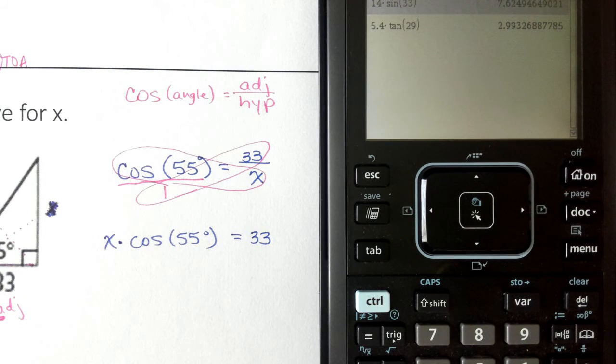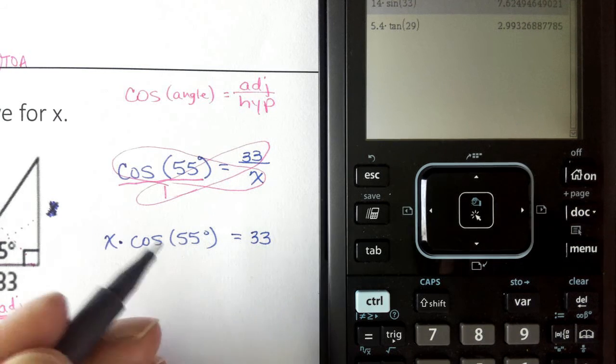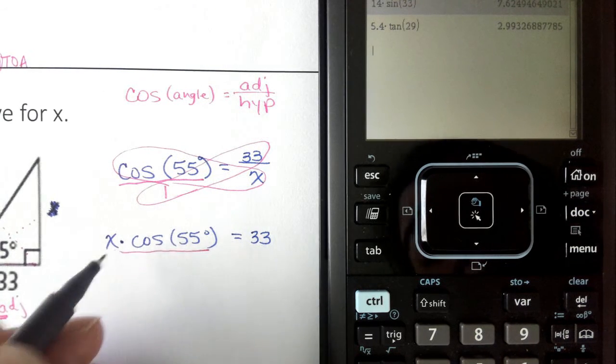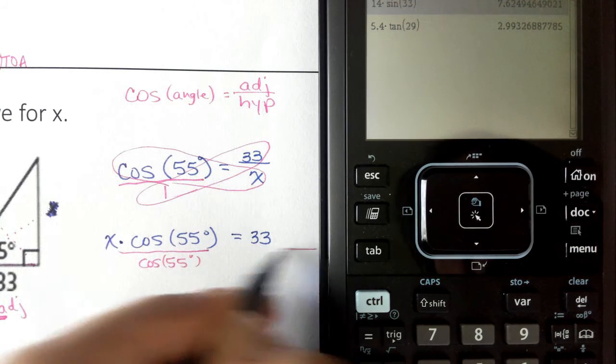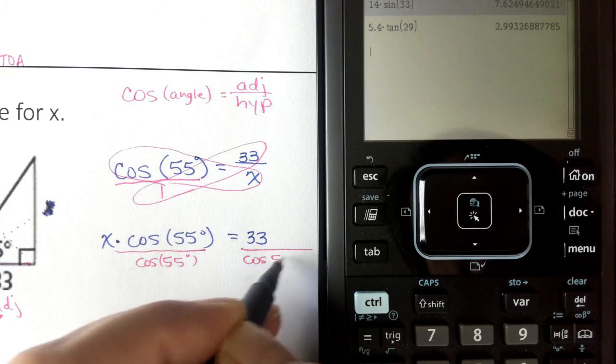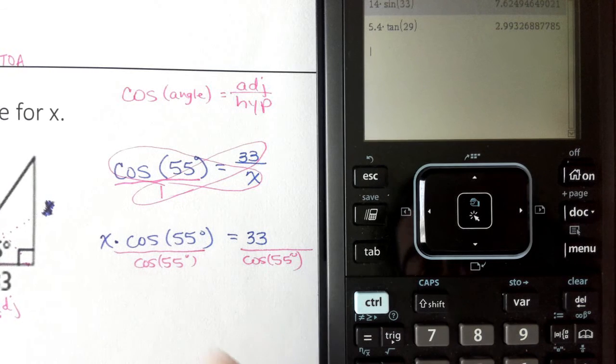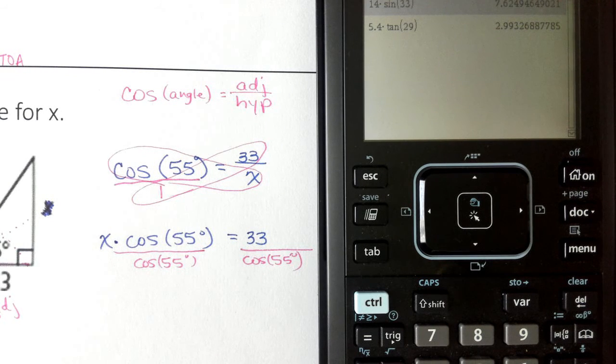Division is the undo, the inverse operation. So I'm going to divide the left side by cosine 55 degrees and divide the right side by cosine 55 degrees. So this is an extra step we didn't have to do in the last two examples, because in the last two examples x was in the numerator instead of in the denominator.